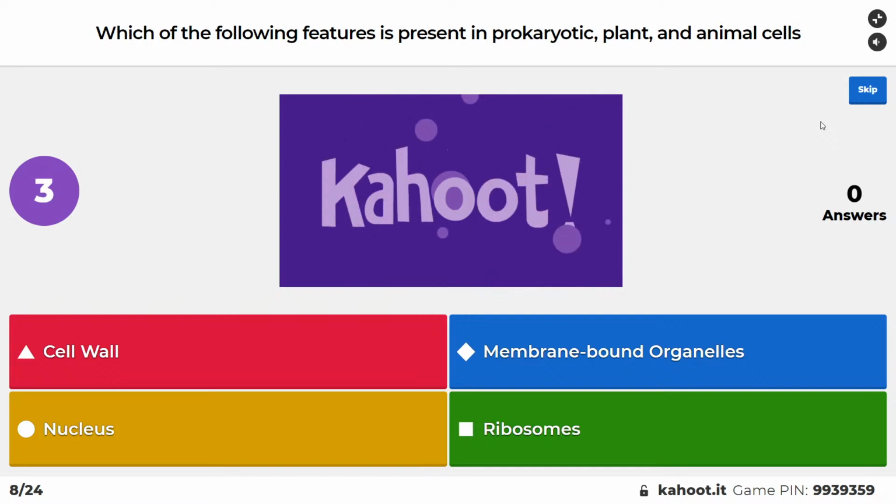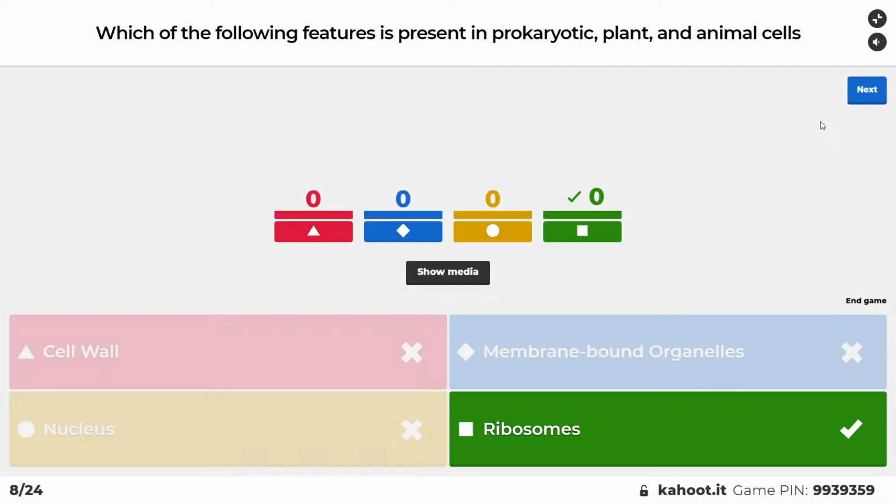Plant cells have them, and some prokaryotic cells have them. Plant cells and fungi have cell walls. And membrane-bound organelles: if you remember, prokaryotes don't have membrane-bound organelles. And nucleus, ribosomes is the correct answer.